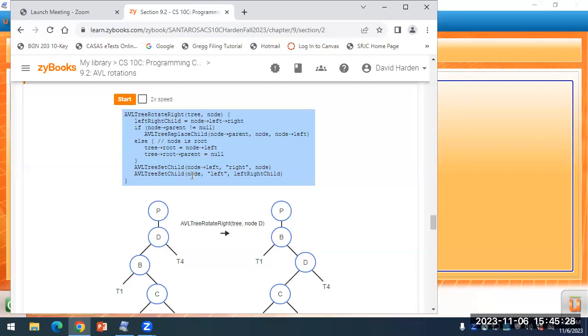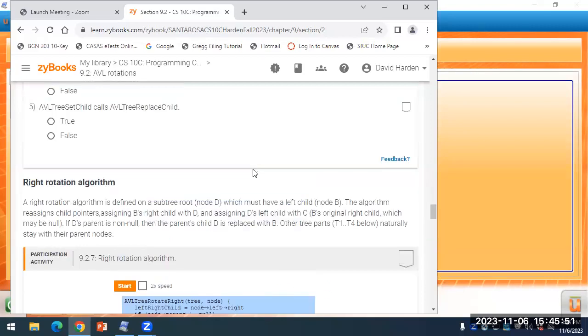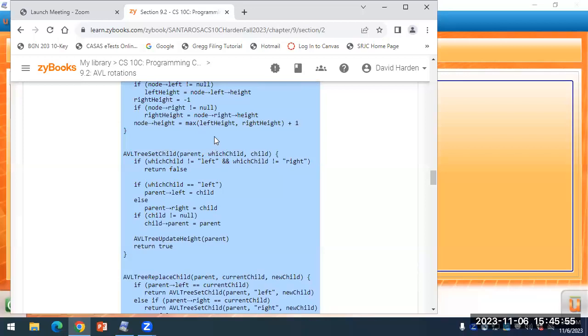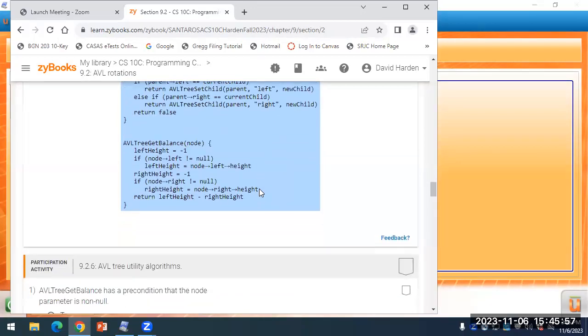If node arrow parent is not equal to null, ABL tree replace child, node parent, node arrow left. And I'm kind of waving my arms a little bit on the code for now. Okay. Apparently, in order to understand this code, we would have needed to study these in more detail. But I'm a little excited about getting to the double rotation.